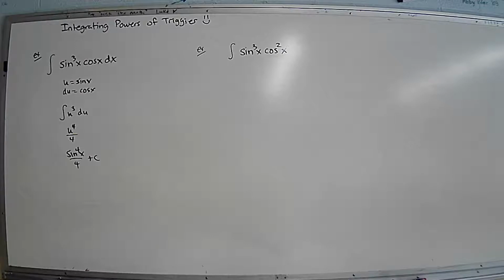Cosine is squared. And apparently that's problematic, or else I wouldn't be showing this to you, right? So why is that cosine squared an issue? Why can't I do it the way I just did the last one? Yeah, du is cosine, not cosine squared, and we're not going to have du squared. That's not real kosher.